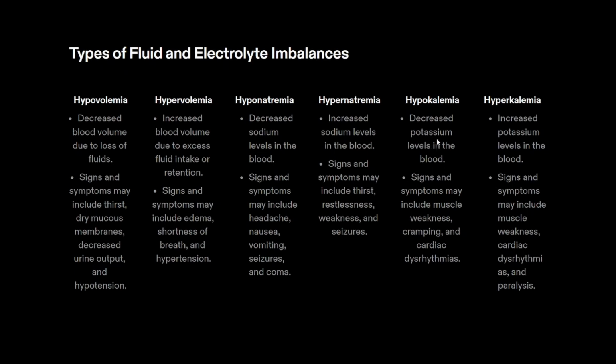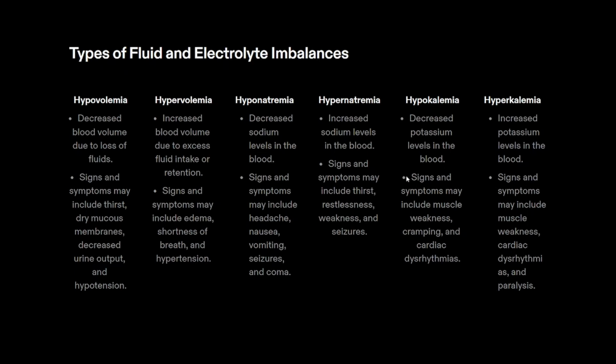Next type, hypokalemia, there will be decreased potassium levels in the blood. If we perform the blood test, we can observe the decreased potassium levels. The normal potassium levels are 3.5 to 5.5. If decreased potassium levels are observed below 3.5, we can see hypokalemia. If the potassium levels rise above 5.5, it leads to hyperkalemia, which means increased potassium levels in the blood.